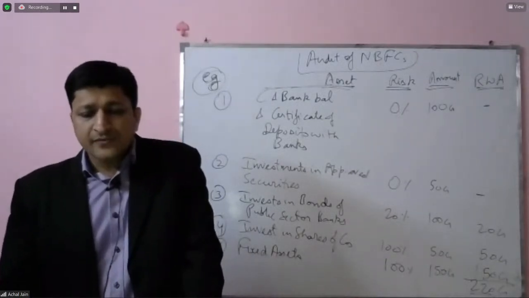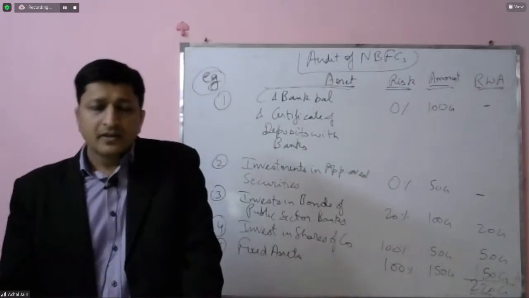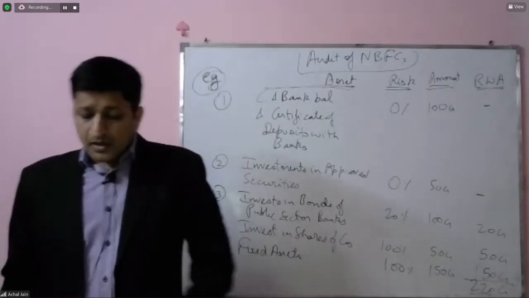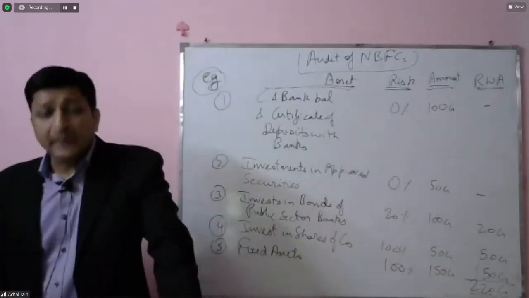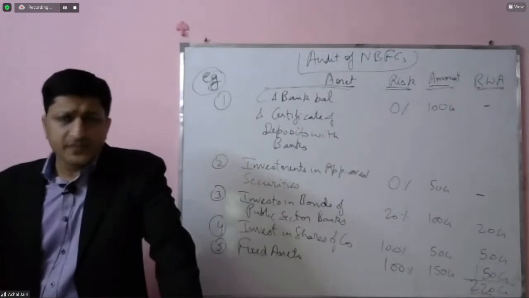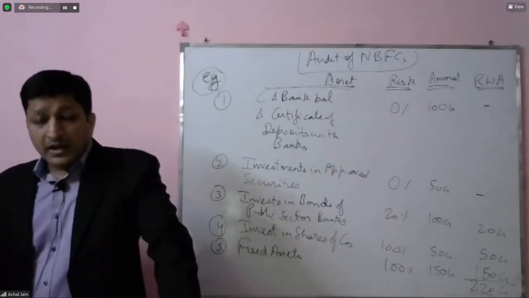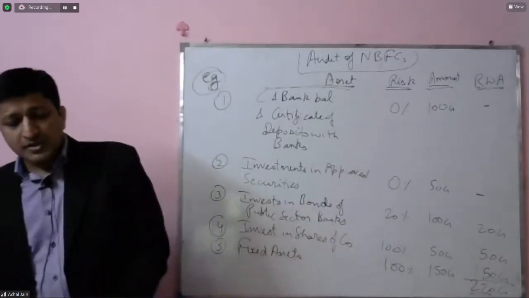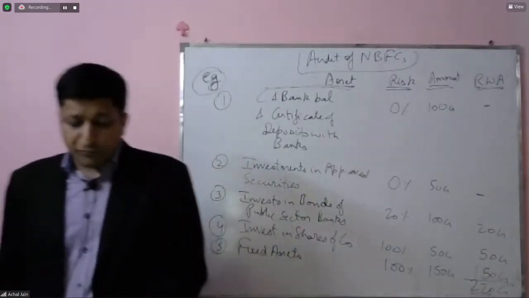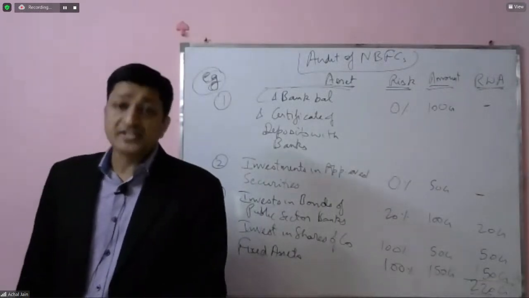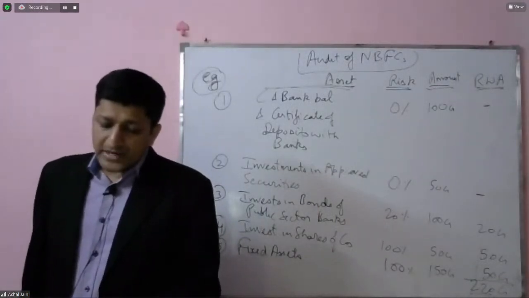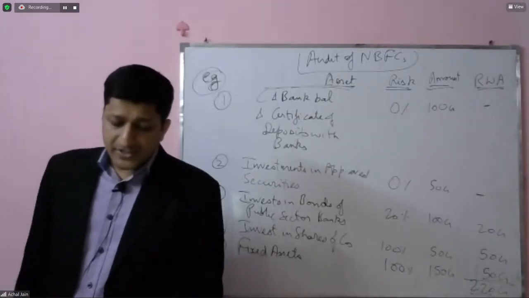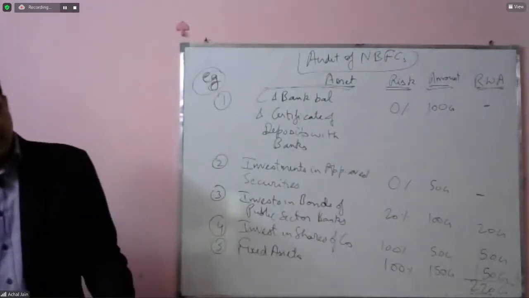Harshad is saying, sir, that is 15% of 220. Yes, of course. Currently the NBFC shall maintain a minimum capital ratio. I'm just reading this from the study material. Currently, they are required to maintain a minimum capital ratio consisting of tier 1 and tier 2, which shall not be less than 15% of its aggregate risk-weighted assets on the balance sheet and of the risk-adjusted value of off-balance sheet items.